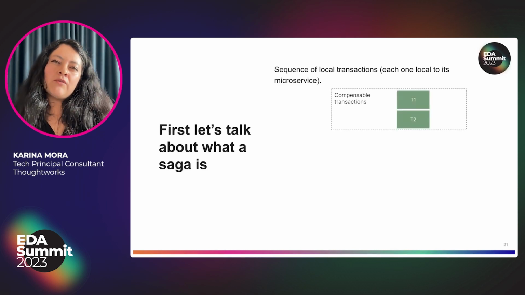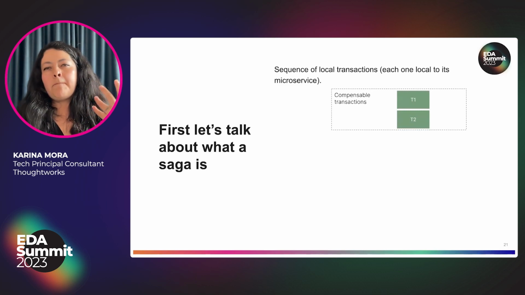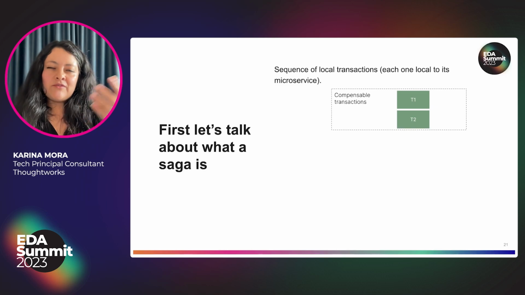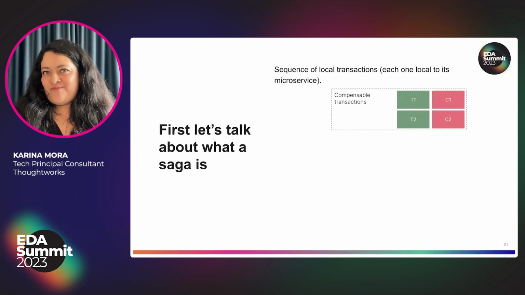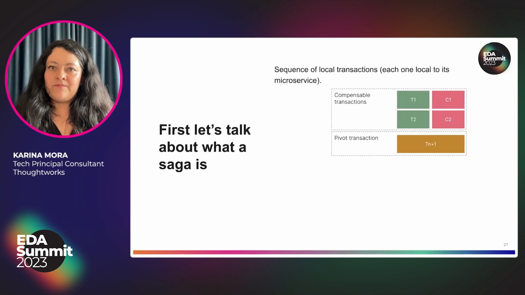Conceptually, how a saga looks like is, you begin with the compensable transactions. These are transactions similar to the previous example I showed that you basically need to undo. So you need these compensatory actions. Then you have a pivot transaction.